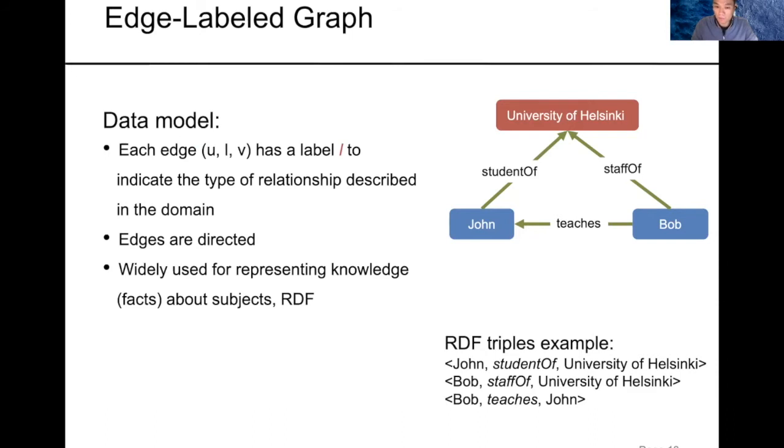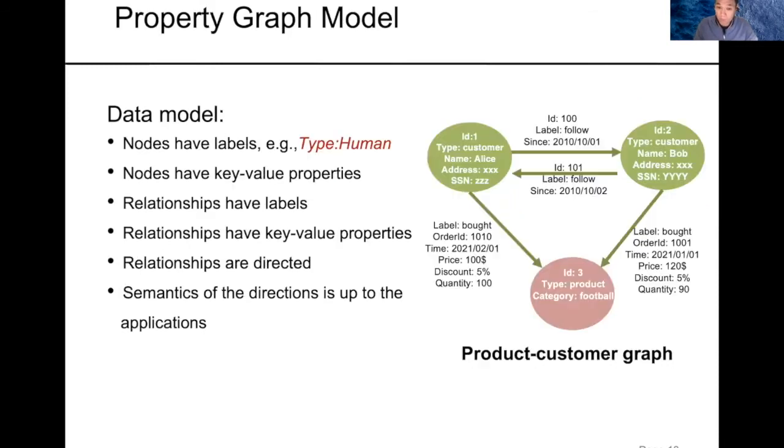Here is an example, including three RDF triples, saying John is a student of University of Helsinki. Bob is also a staff member of University of Helsinki, and Bob teaches John. So the three RDF triples form our edge-labeled graph.